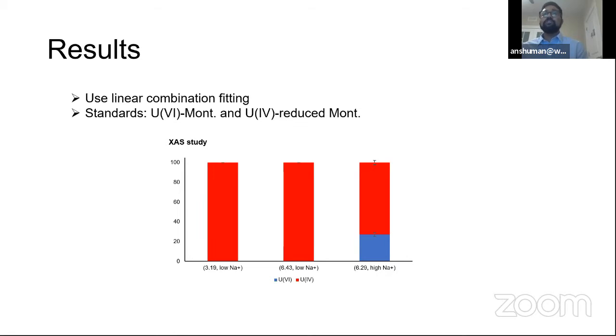At low sodium loading, almost 100% of uranium is reduced to U4. Whereas at high sodium loading and near neutral pH, around 6.29, we found around 25% of uranium did not get reduced. It stayed as U6, but more than 75% is reduced to U4.